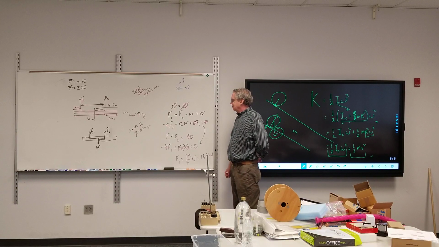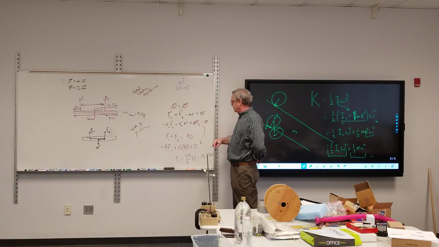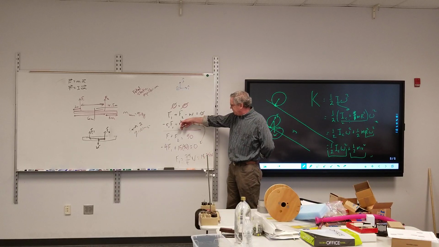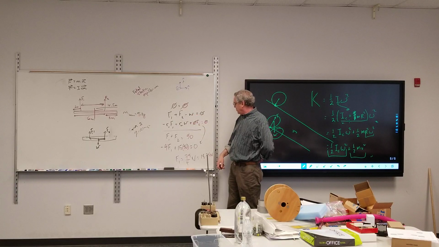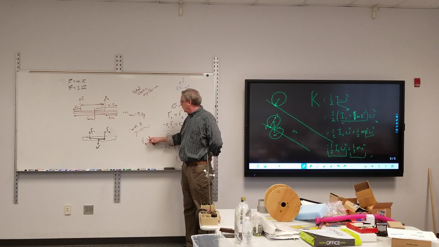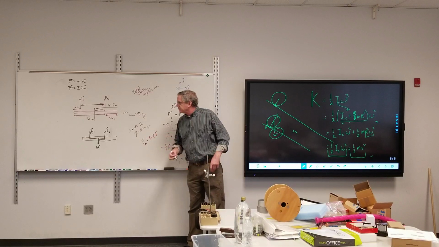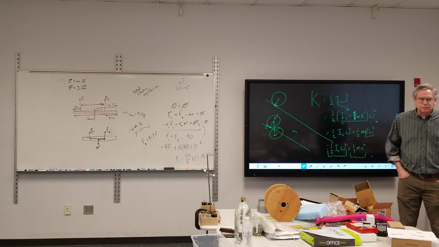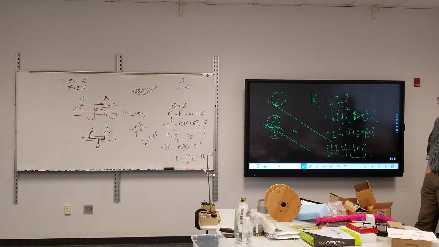I'll talk about that in just a moment. I think that's what you're asking about there. And then from this equation right here, F2 is just the difference between F1 and 50. And so that'd be 31.25 Newtons.